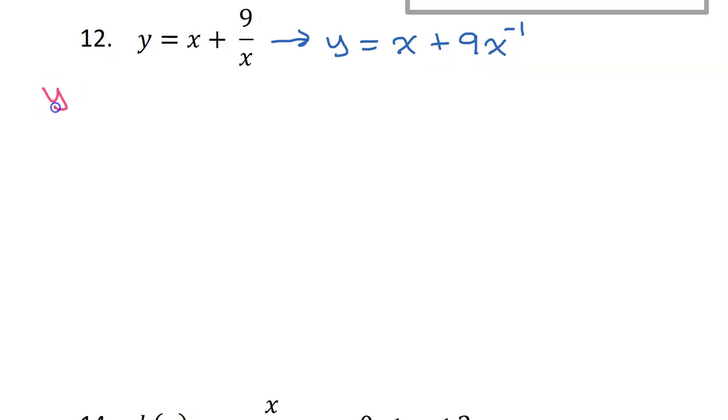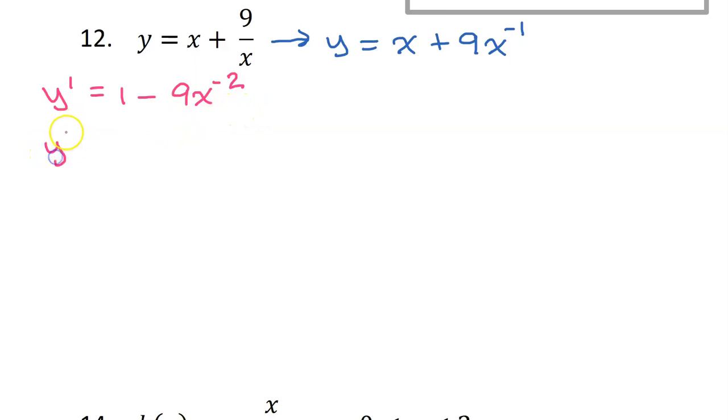So y prime equals 1 plus, now I'm doing the power rule, so negative 1 times 9. In fact, let me erase that and put negative 9 x to the, decreasing this by 1 gives me negative 2 power. So this is the derivative.